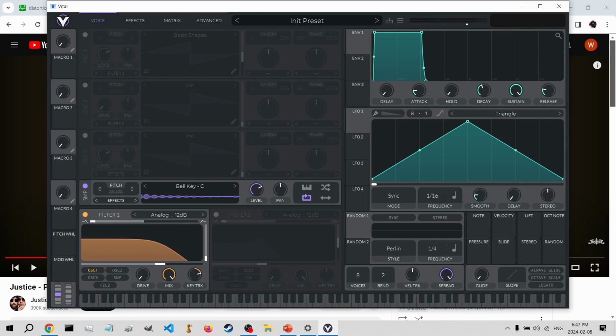For example, it comes with this bell sound. And we can set the playback speed to be based on what note we're playing so that the sample changes its pitch based on what note we're playing. So essentially pitch shifting it in a more natural way.